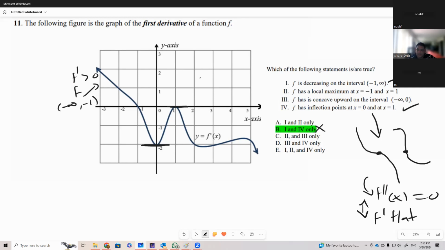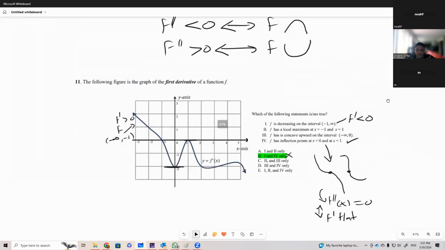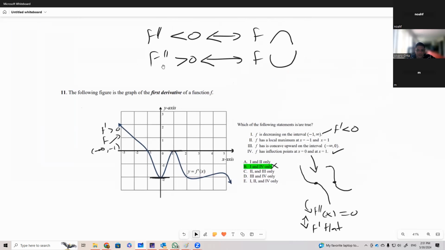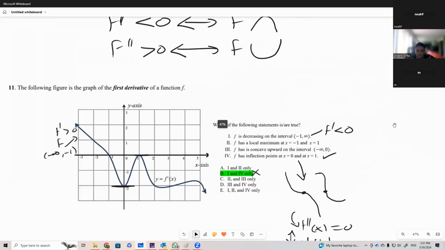Then number 3 says f is concave upward in the interval minus infinity to 0. To be concave upward, according to the definition we gave here, f double prime has to be positive.